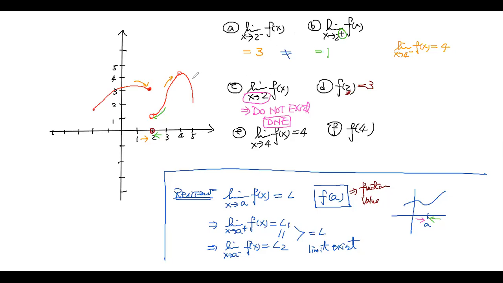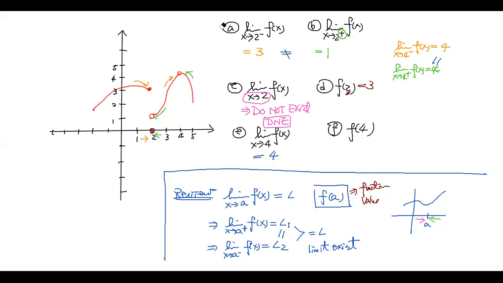If I approach from the right-hand side, limit as x approaches 4 from the right of f(x), I got a 4 also, right? So 4 equals 4. That's why if the right approach equals the left approach, then the limit exists. What is the limit here? I already wrote it here, the limit equals 4.